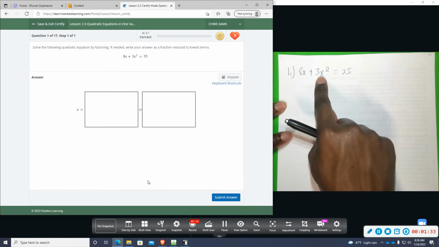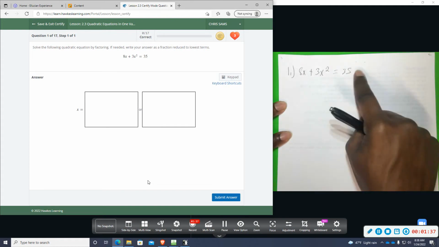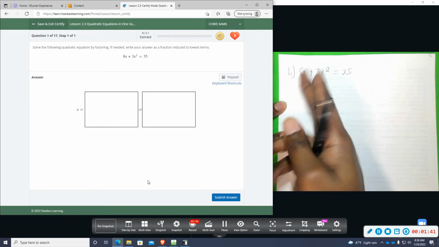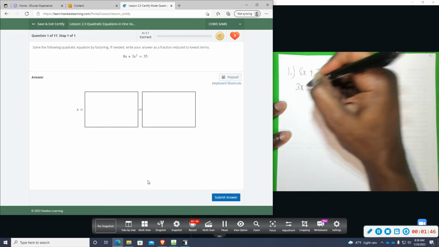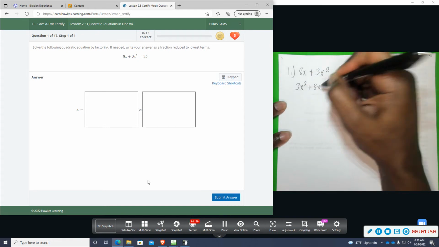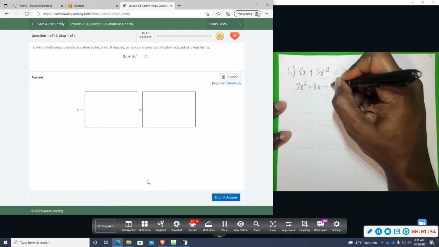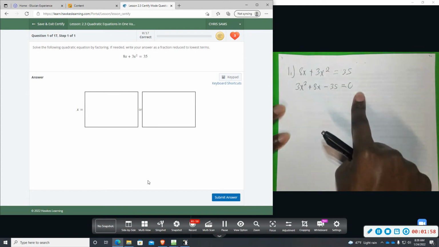Standard form will have our x squared term out front, and then our x term next, and then our constant on the same side, and then 0 here. So I can just rearrange these. I'm going to do 3x squared plus 8x, and then I'm going to subtract 35 and move it over. So it's going to be minus 35, and it's going to be equal to 0. So this is standard form.